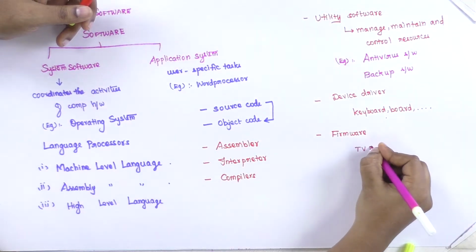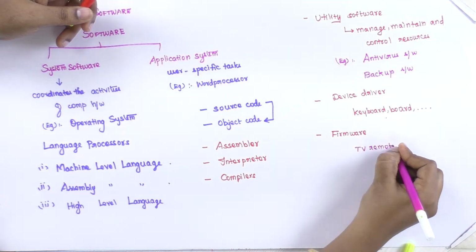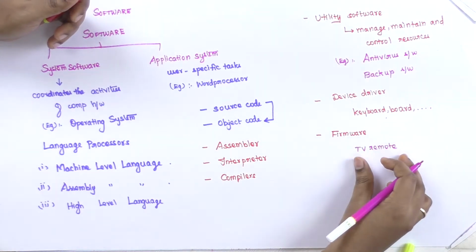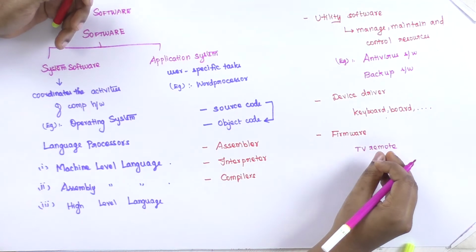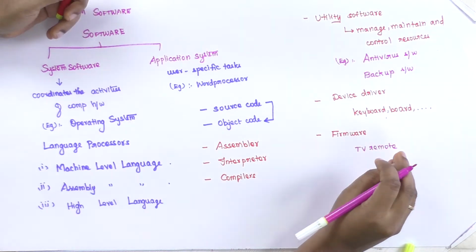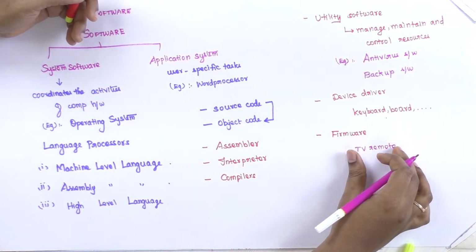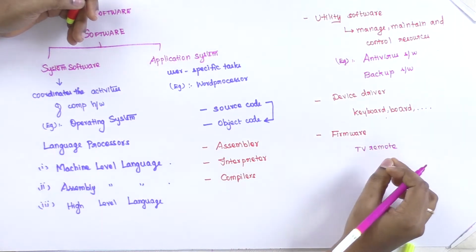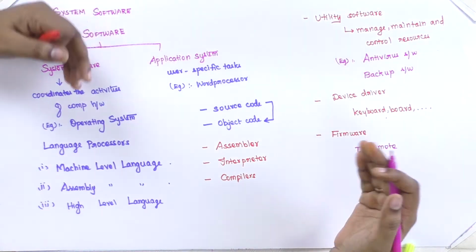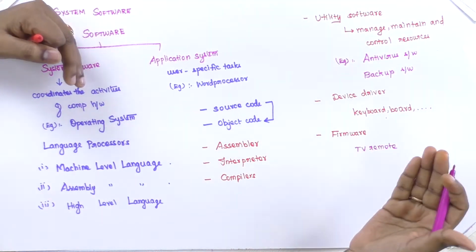The best example of a firmware software is our TV remote. In our TV remote, a particular software will be permanently etched into the TV remote. This software helps in the communication of the signals from the TV remote to the TV.